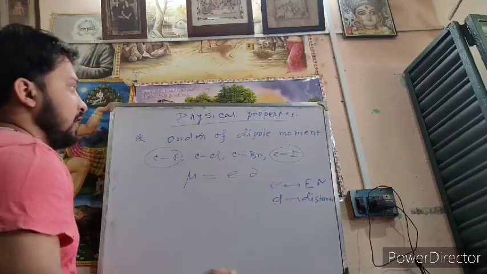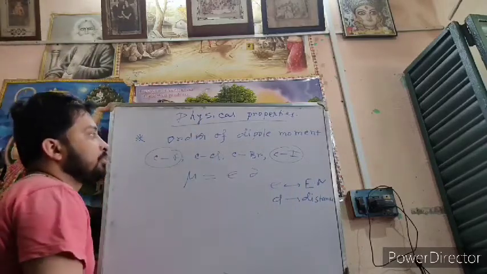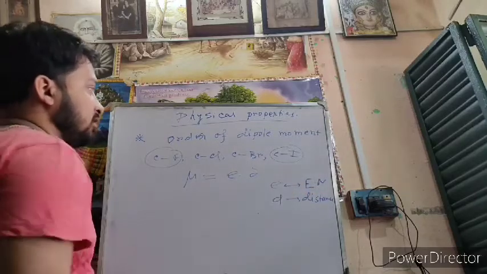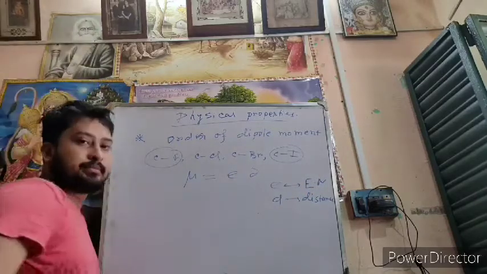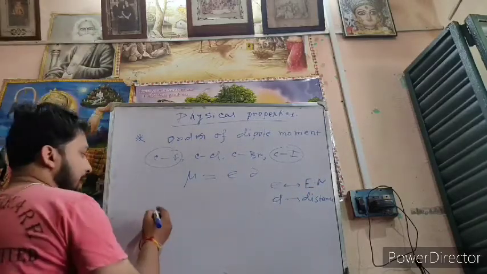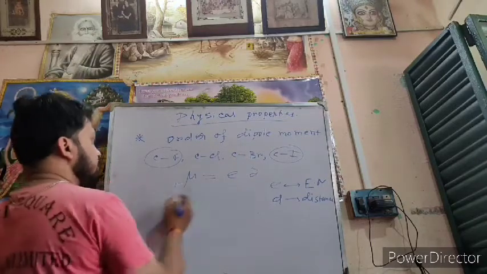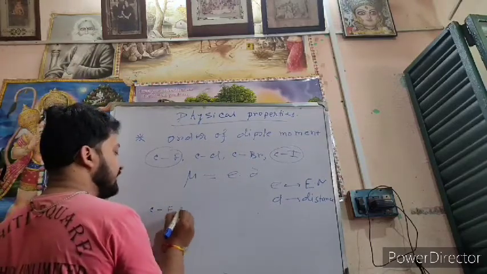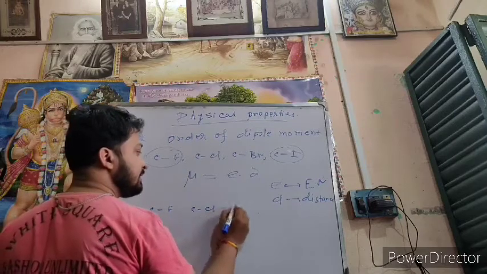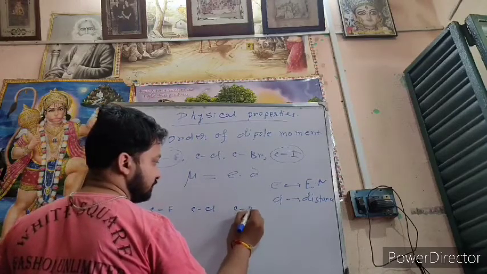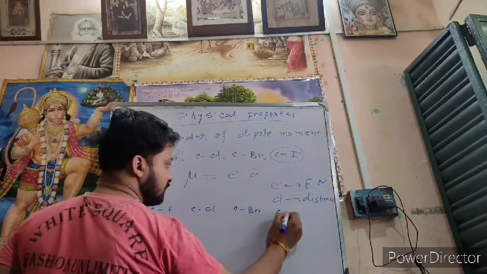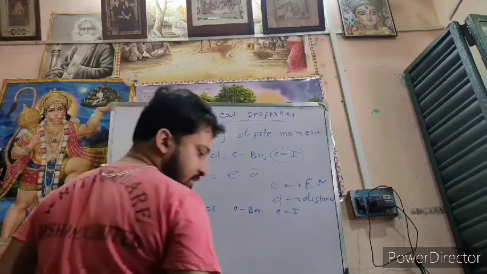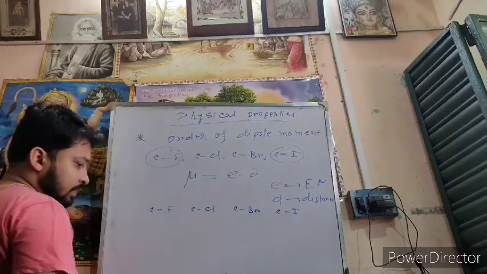So what factor is going on? What is the dominating factor in this sequence? So if we arrange according to electronegativity, we get C-F, C-Cl, C-Br, and C-I. This is the first problem.